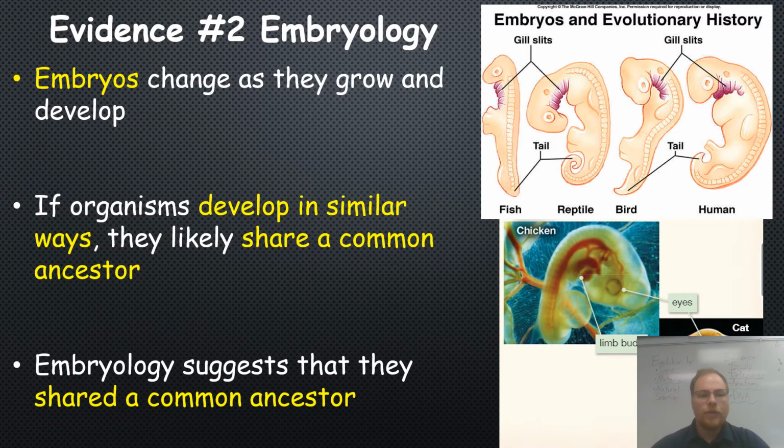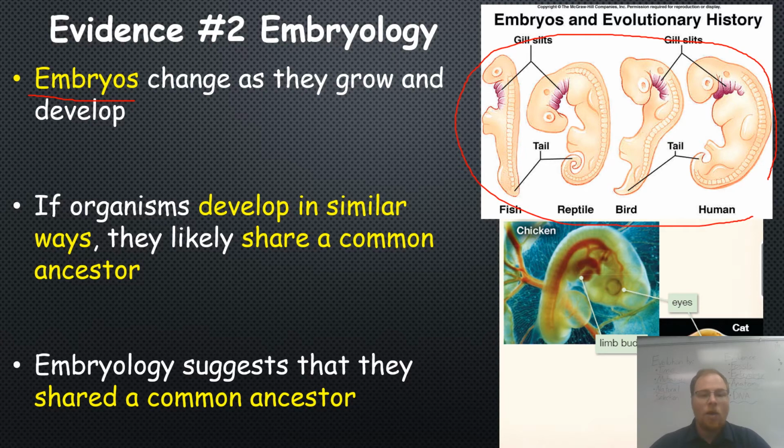Now, in embryology, embryos change and grow as they develop. Since embryos are really early in the stage of development, we can see the similarities between completely different species when they're very small and still developing. All of these are vertebrates in that they have a backbone.